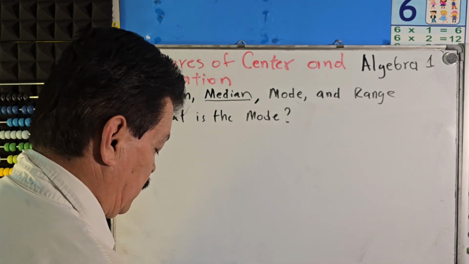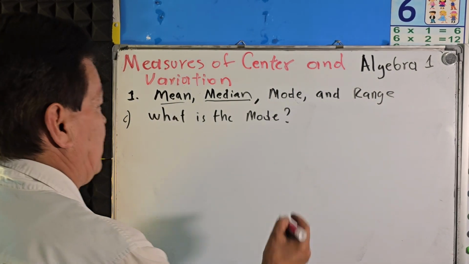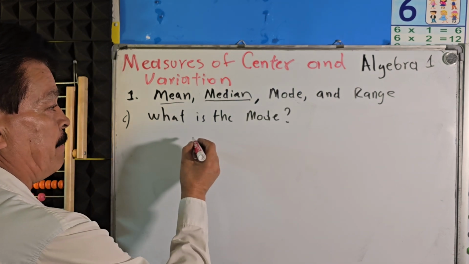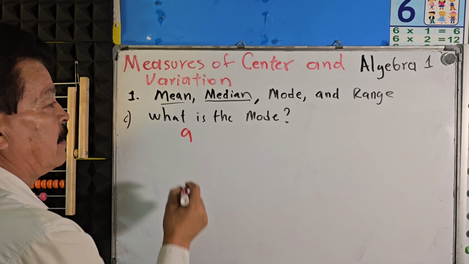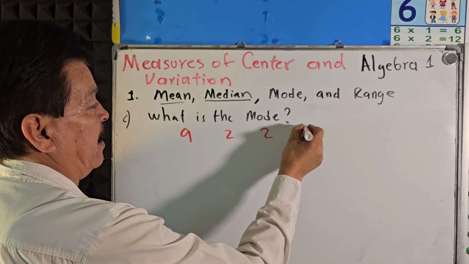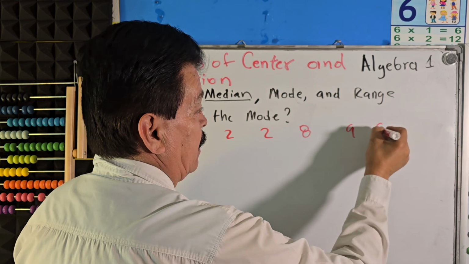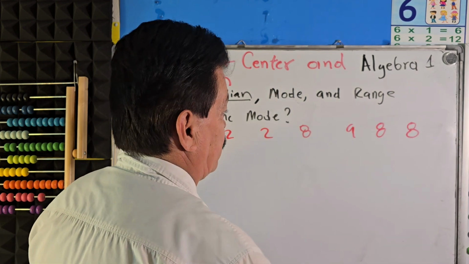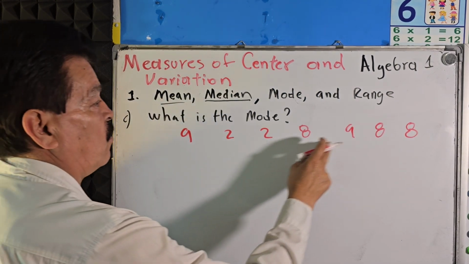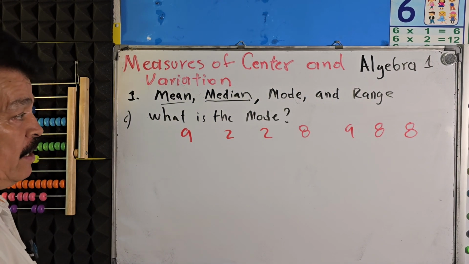Okay, where is the mode? To show you, let me write these numbers. 9. It's very simple. 2, 2, 8. Let's write 9 and 8, 8 again. So 1, 2, 3, 4, 5, 6, 7. So 7 numbers. So what is the mode?